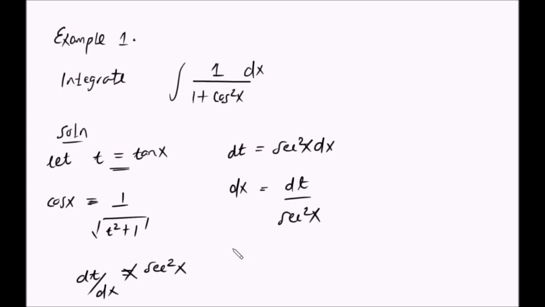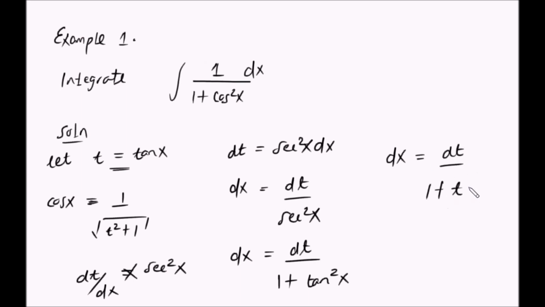But sec squared x is equal to 1 plus tan squared x. Kwa hiyo sasa dx sawa na dt over 1 plus tan squared x. So tumesemaje? Tumesema tan x ni t, manake dx kumbe itakuwa ni sawa na dt over 1 plus t squared.